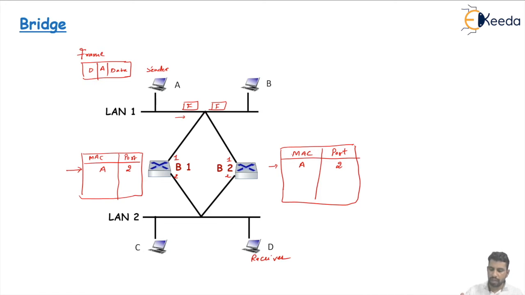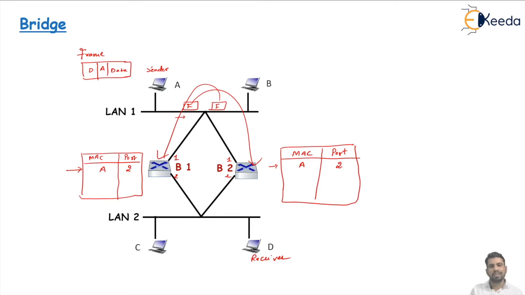The same thing is repeated for LAN number 1 also. Like in LAN number 2 we received 2 copies, in LAN number 1 also we received 2 copies. They again forward them to the bridges: this particular frame is forwarded to this bridge and this particular frame is forwarded to this bridge.